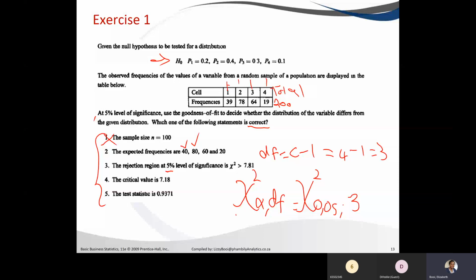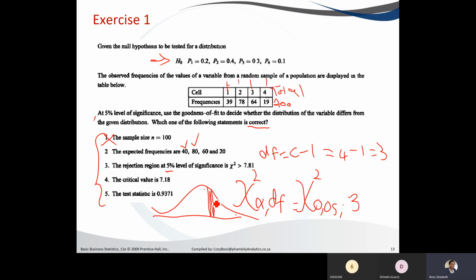The question is saying the rejection region at 5% level of significance is chi-square 7.81. So where will the rejection region be?